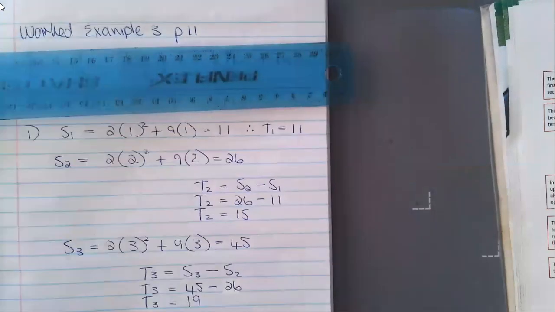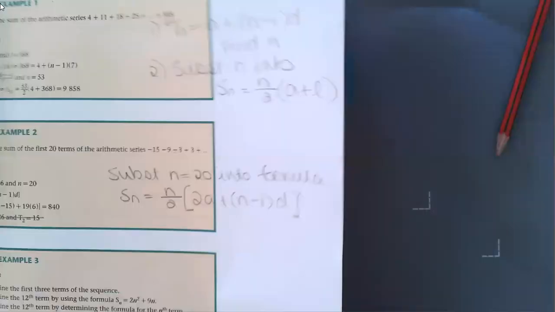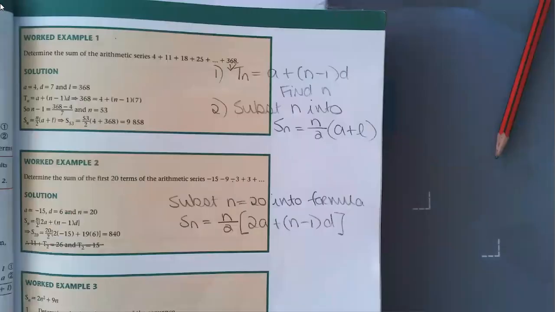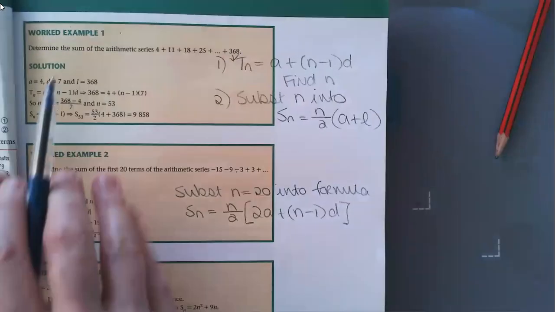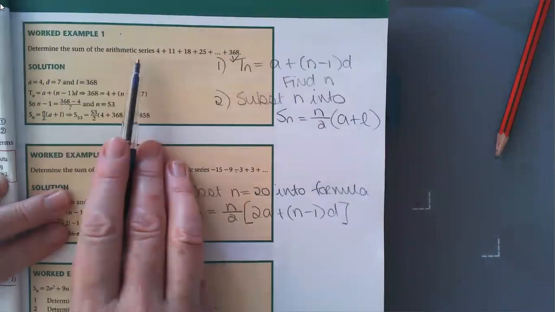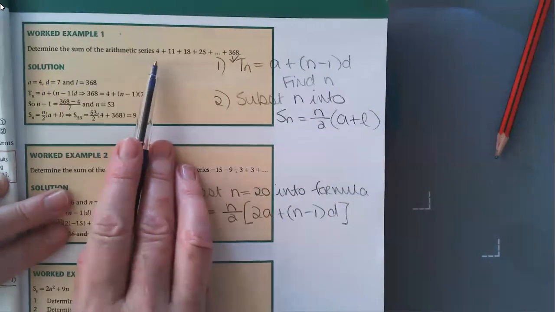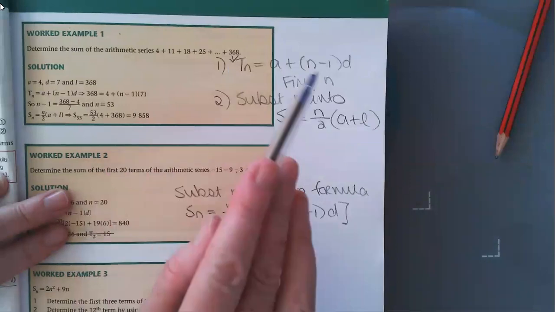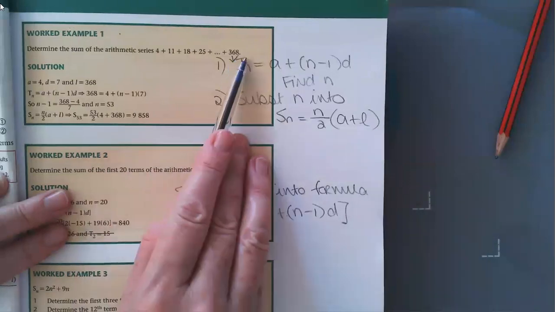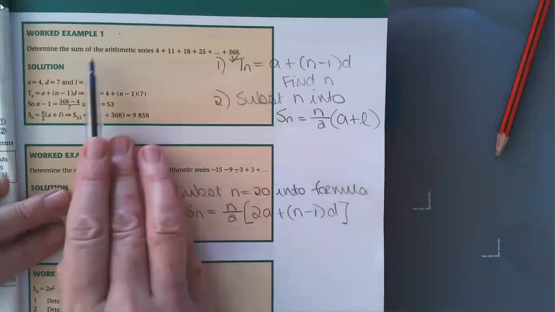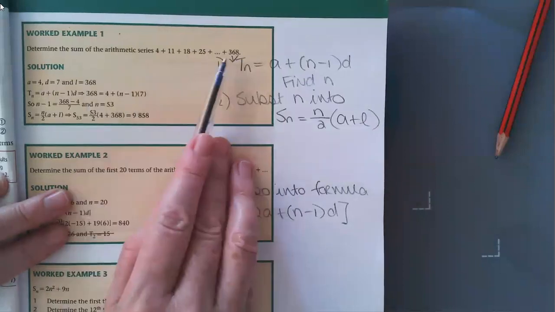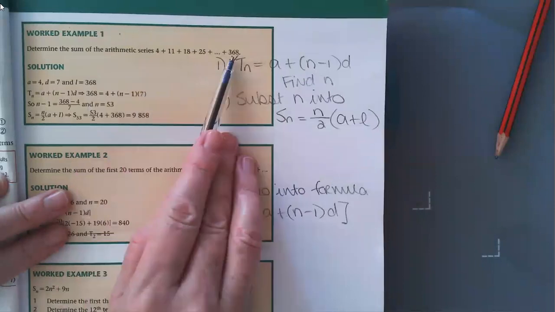I'm going to do the work examples that is in your book, number 3. Let's just first look at your books on page 11. Work example 1, determine the sum of the arithmetic series 4 plus 11 plus 12 plus up to 368. So we know the formula for the sum, and we have our first term and we have our last term.